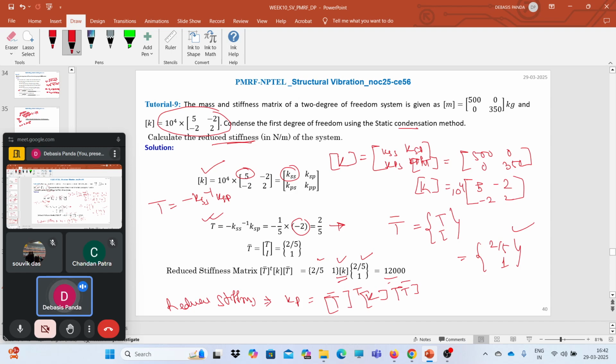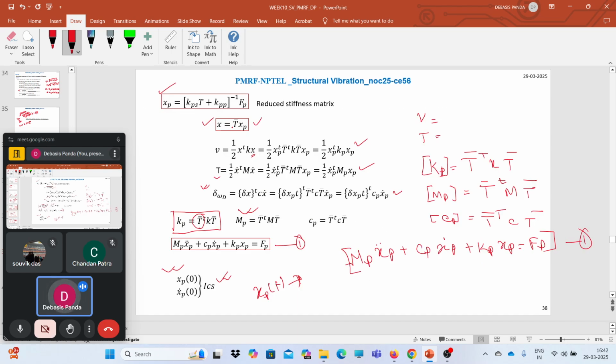Now in a similar way we can calculate the reduced mass matrix also. What is the formula for the reduced mass matrix? T bar transpose M T bar. So our task is to calculate the value of this T bar. Now how can we calculate the T bar? T bar is nothing but xp inverse into x.